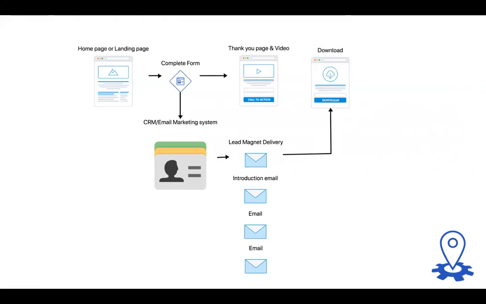It doesn't have to be that way, but that's a common way to do it. They will usually opt in to get something that is called a lead magnet or a freebie, a free gift, an irresistible free offer. We're going to go into what this is in a minute.